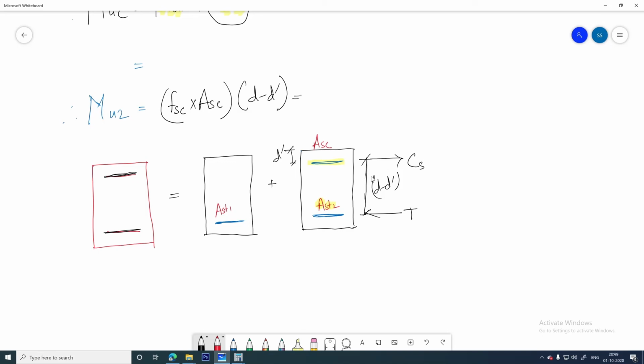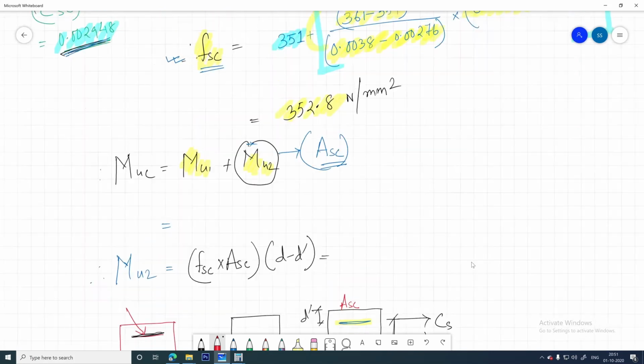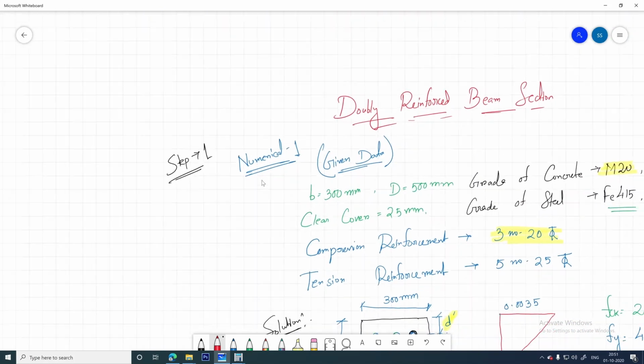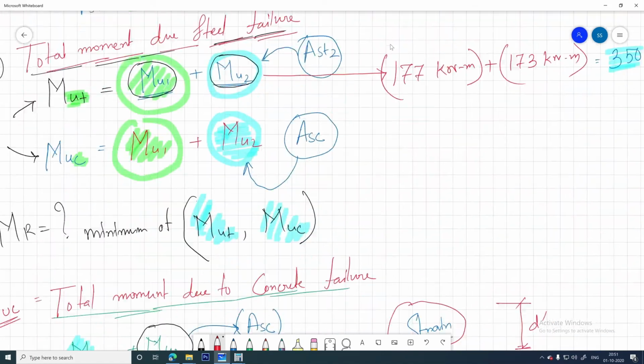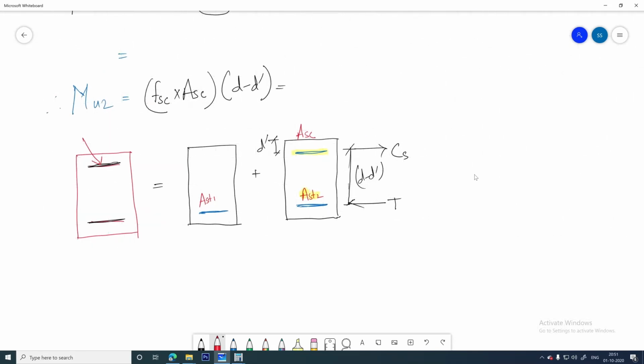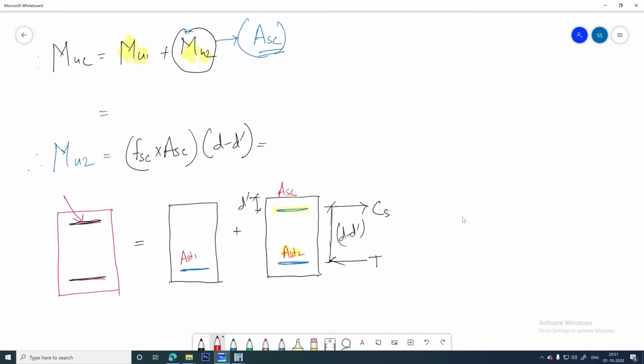So now we can put all the values. What is FSC? How much reinforcement is there in this particular place? Let us see in the question. Yes, there are 3 numbers of 20 mm Torque. So we can determine over here the value of the ASC. ASC is how much? 3 numbers into pi by 4 into 20 square. That is the value of ASC.